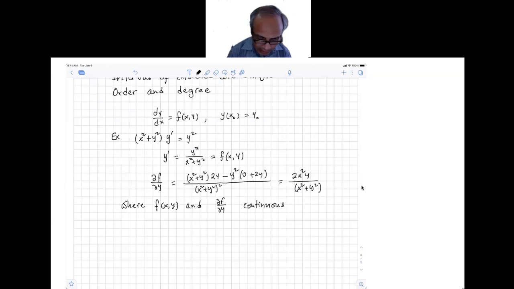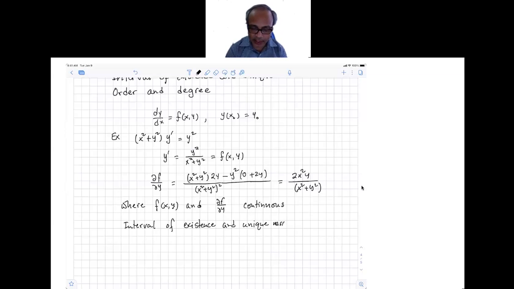So you say that the interval of existence and uniqueness is anywhere in your xy plane, any region other than (0, 0).